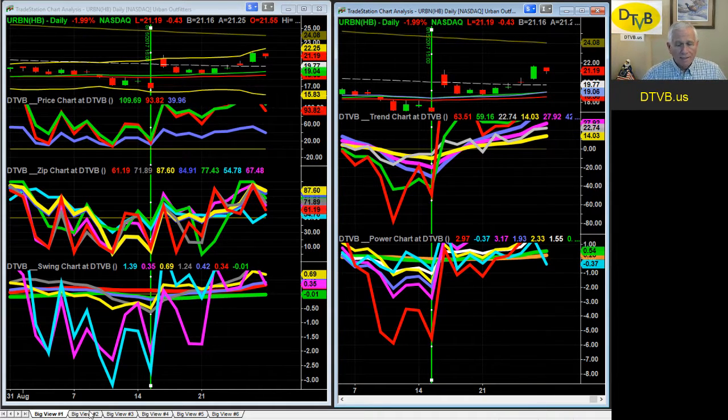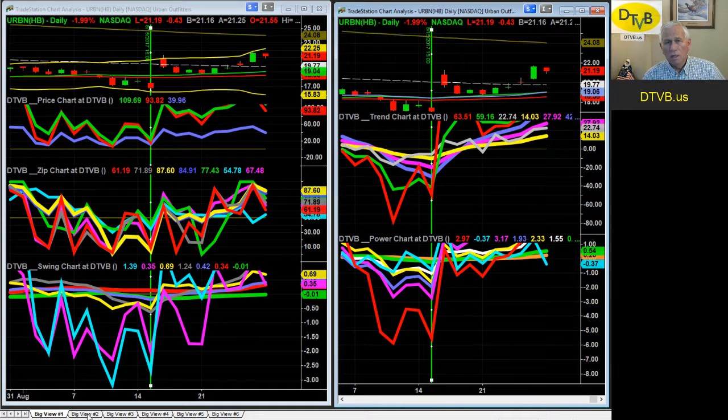But I said all that to share with you that when we have gaps, we have all that information. When we have the power 3 or the power 4 doing something, when we have the power 4, the power red, trend red, and power Zion all strong going down, the next day we are going to get a decent candle.